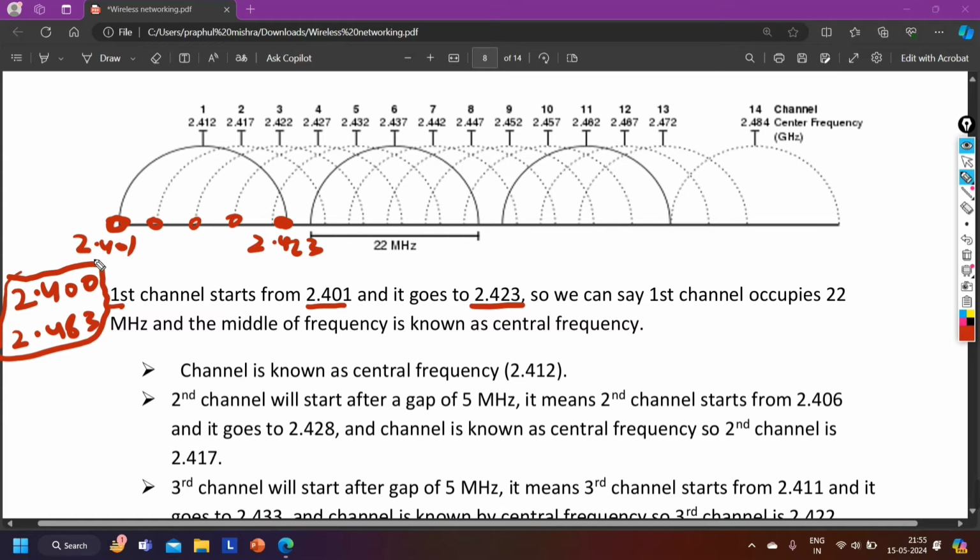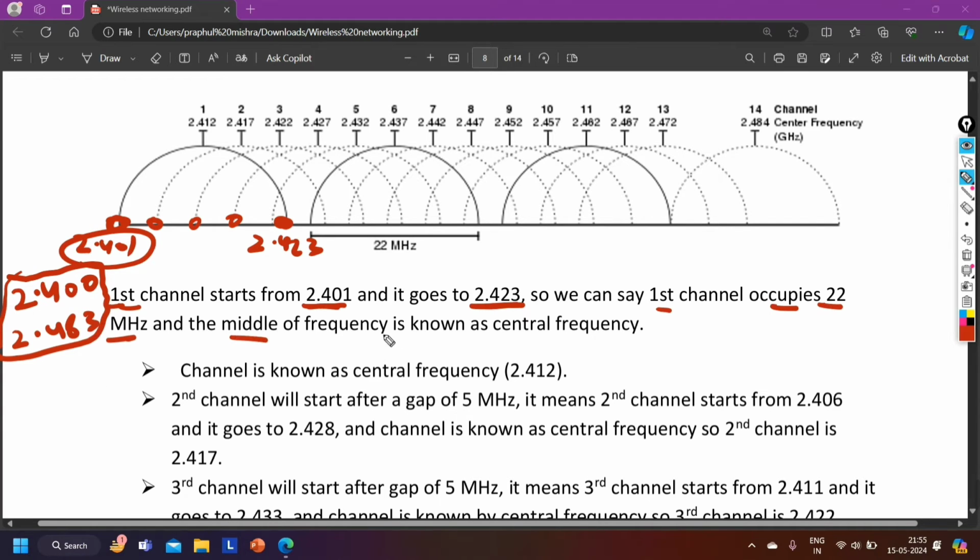The difference between this point and this point is going to be what? 22 megahertz, right? So read the first point again. First channel starts from 2.401 and it goes to 2.423. So we can say first channel occupied 22 megahertz.